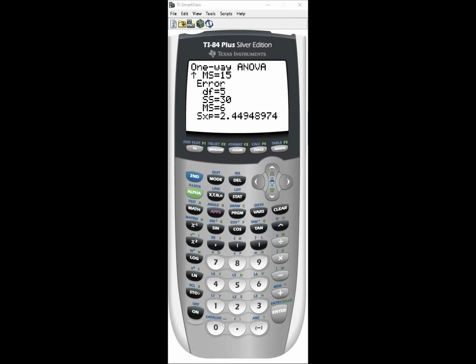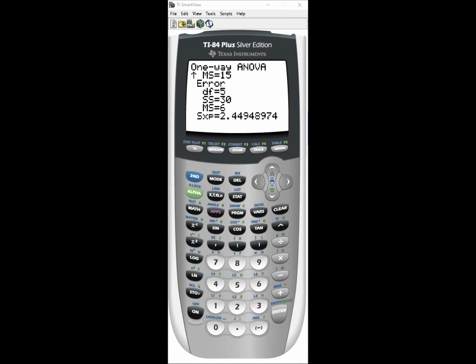Square that, you will get 5.998, which is approximately 6. Do we agree? Yes. So the pooled variance is the same as MSE. One and the same.